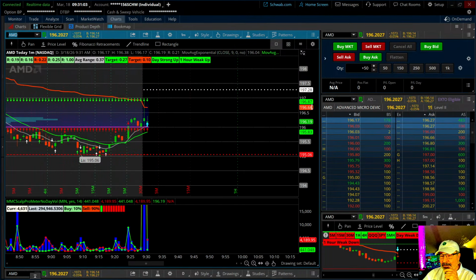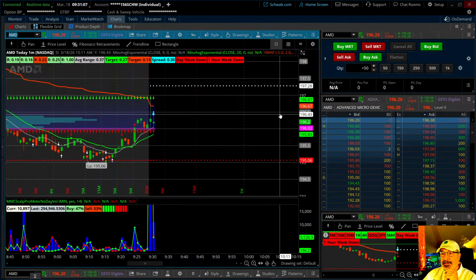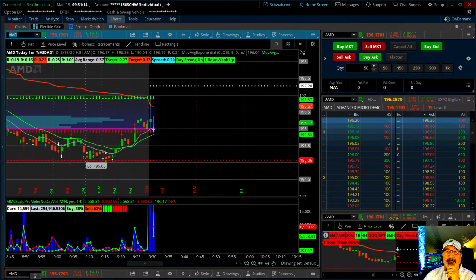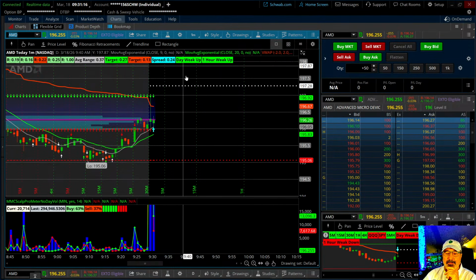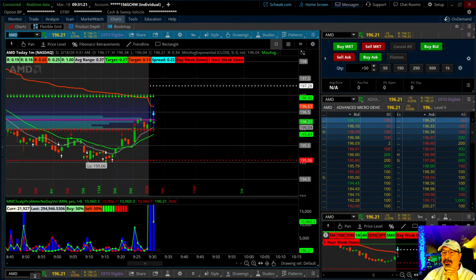See, now going long is not as good, unless we think the whole market is going to go up. Tesla's out of control going up. Coin just went straight down.